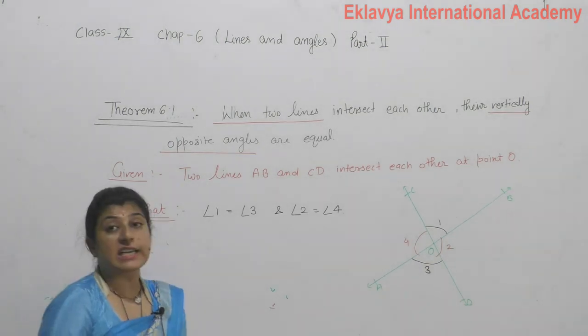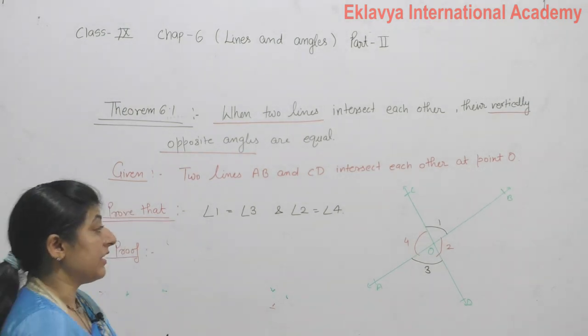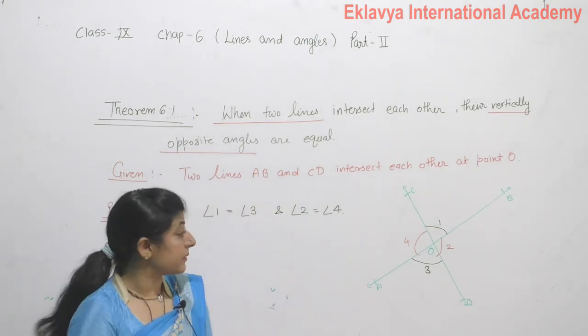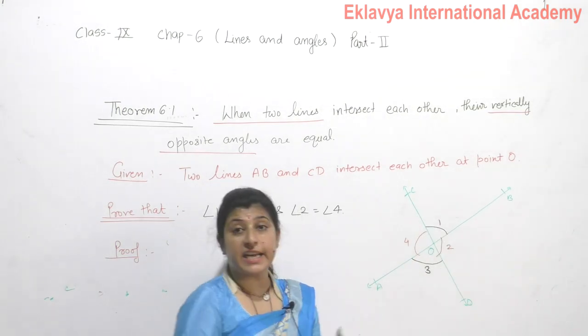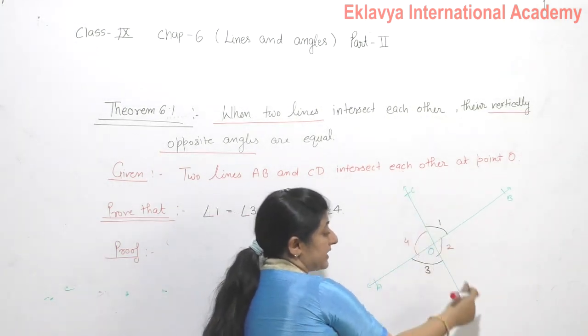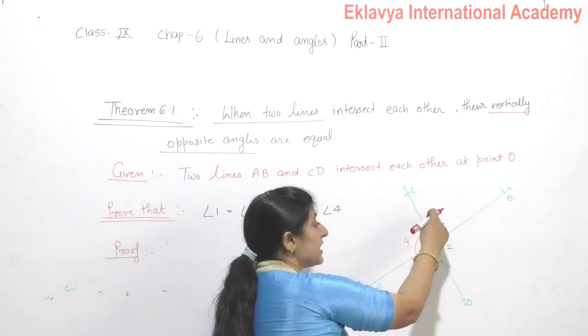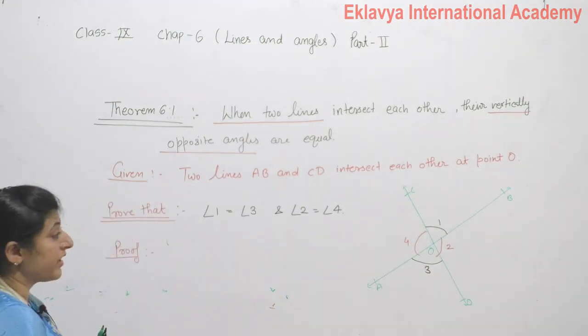Here we use the concept which we already know. One thing we studied is the linear pair axiom. Linear pair axiom we already studied. So what is the linear pair axiom? CD is a line, ray OB stands on it. It means the sum of these two angles is equal to 180 degrees.